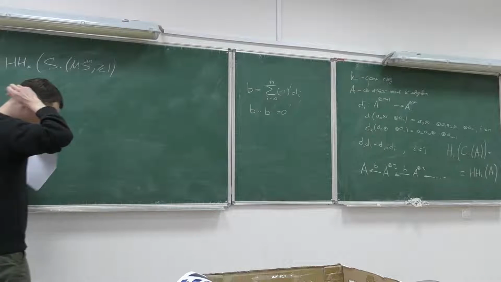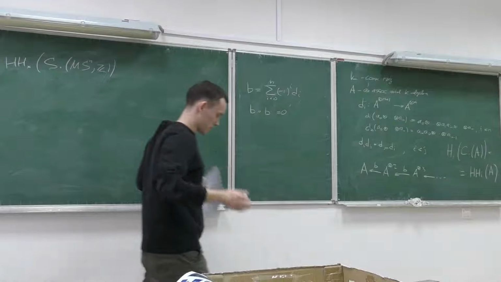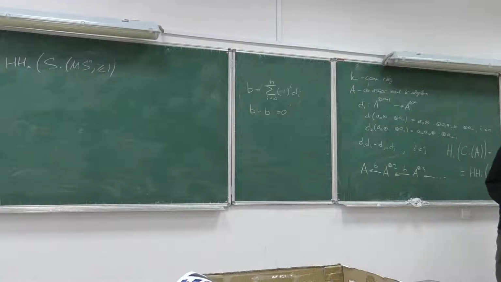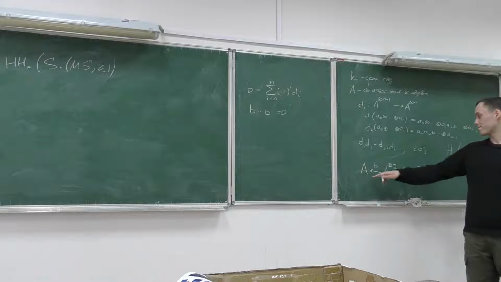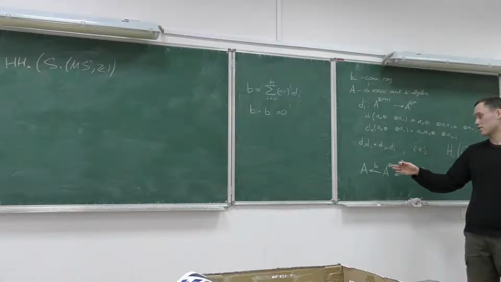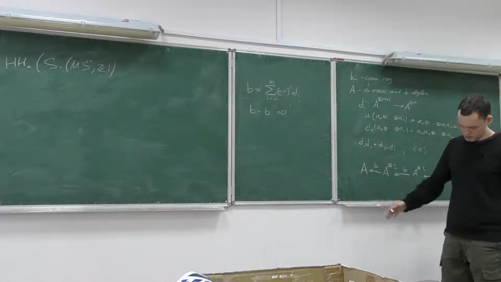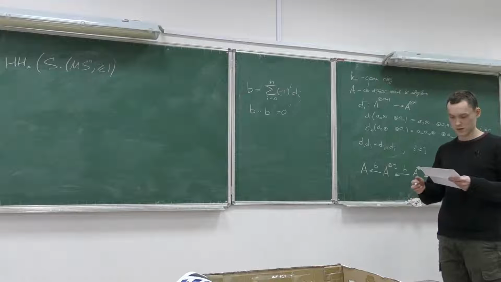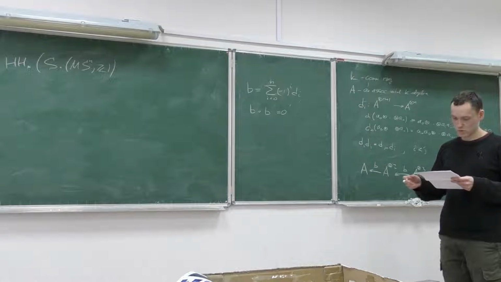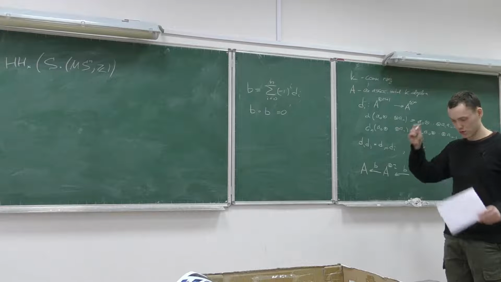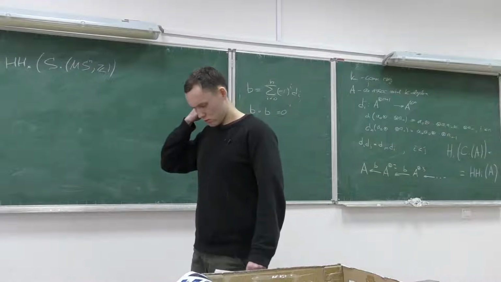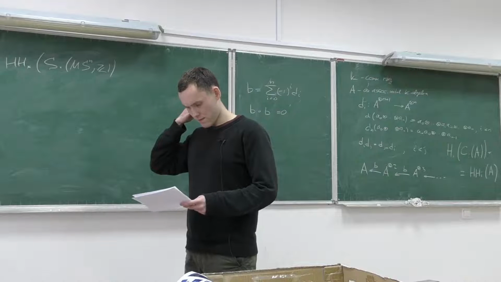And more generally, if you want to compute the Hochschild homology of a DG algebra, we'll get, how to say it, a bicomplex, and to compute its homology, we'll need to consider the total complex.